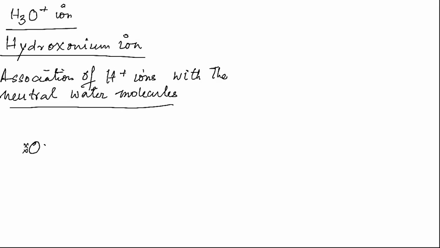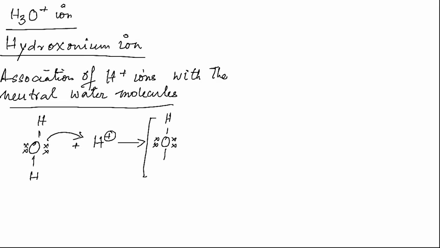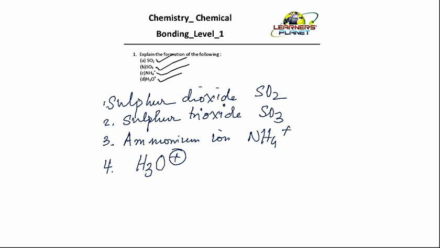If you have oxygen, like a water molecule like this, it will donate one of its lone pairs to the H plus ion, and this will give rise to the formation of the hydroxonium ion, also represented by H3O plus. So in this question, we have discussed the formation of sulfur dioxide, sulfur trioxide, the ammonium ion, and also the hydroxonium ion.